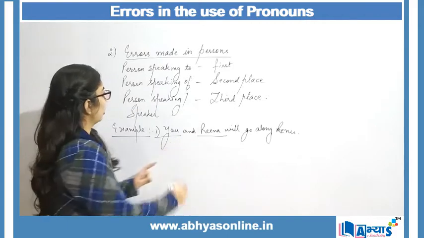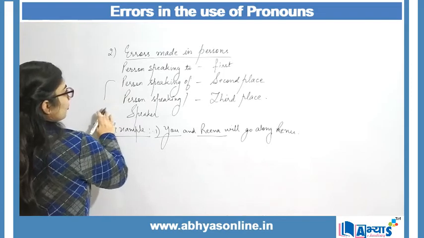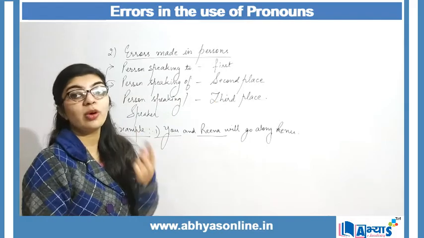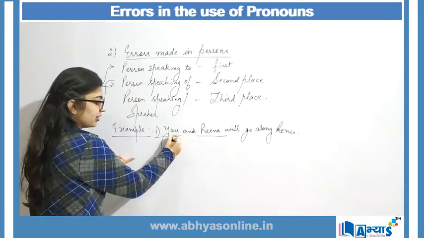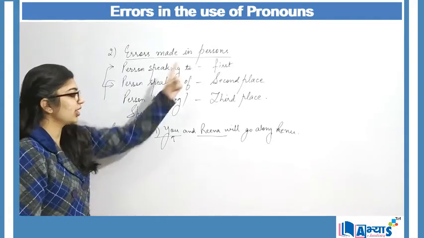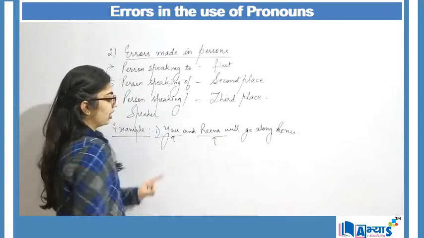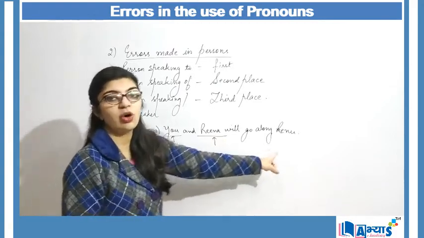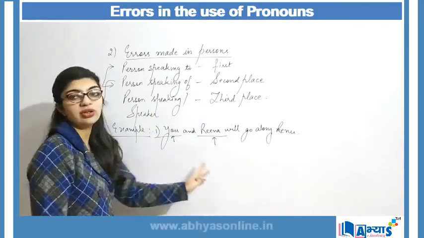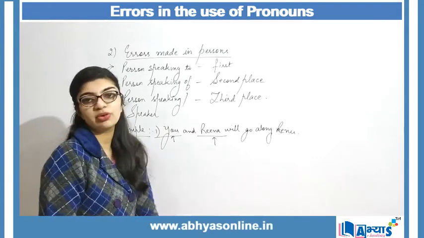Now if I am talking about this and this, the person speaking to, whom am I speaking to? This person, you. I am speaking to you, therefore you will come at the first place and the person speaking of will come at the second place. You and Reena will go along Renu. I will not say Reena and you will go along Renu. That will become wrong. You and Reena will go along Renu will be right.